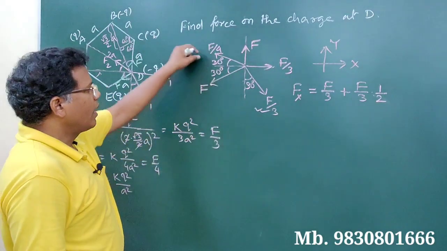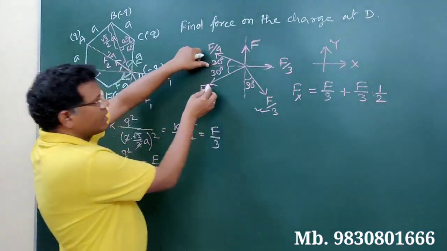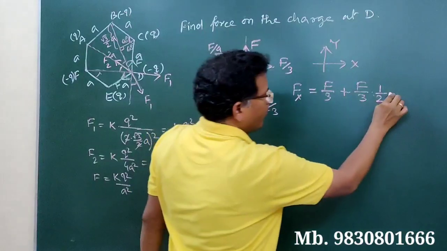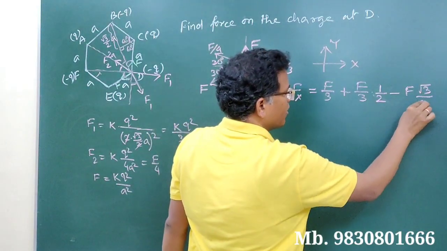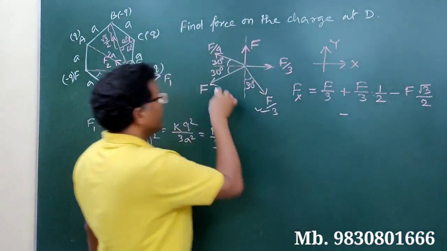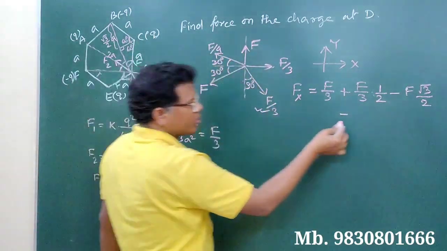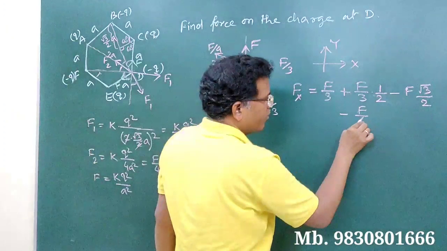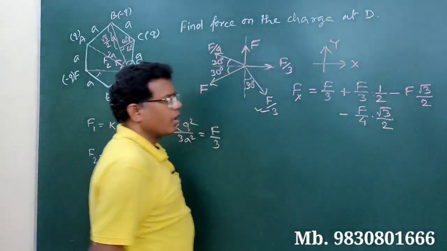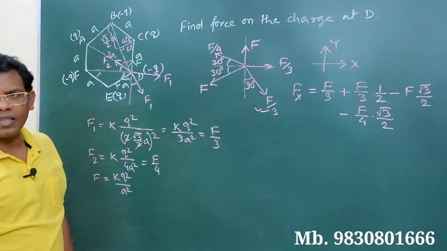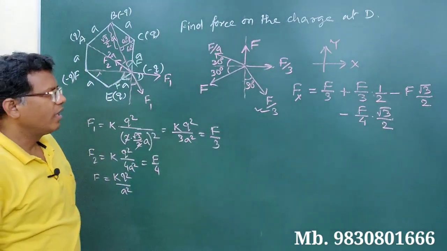Now in the negative X direction, this F: minus F cos 30, cos 30 is root 3 by 2, and minus F by 4 cos 30, root 3 by 2. These are the total Fx, that is the X component forces.